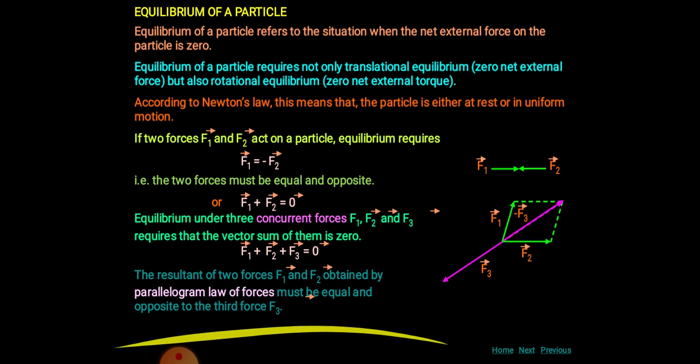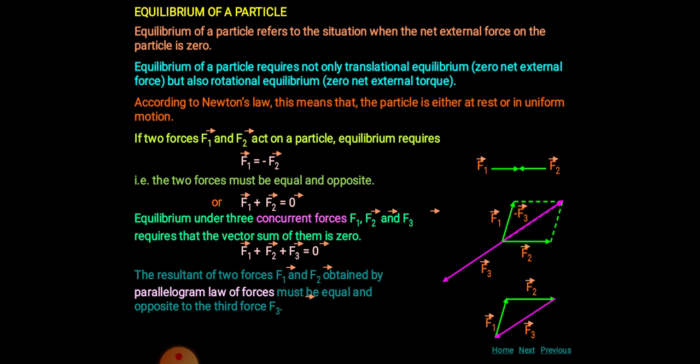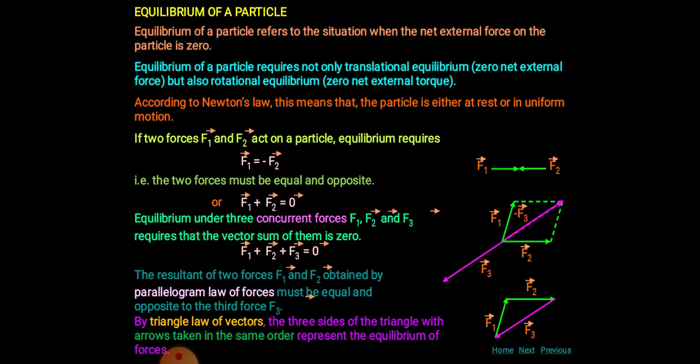Here we can use the triangle law of vector addition also. We have taken F1 and F2, these are the two forces, and according to the triangle law of vector addition, what can we write? F3 is the resultant vector, so we can write F1 plus F2 is equal to F3, but you have to see the order.